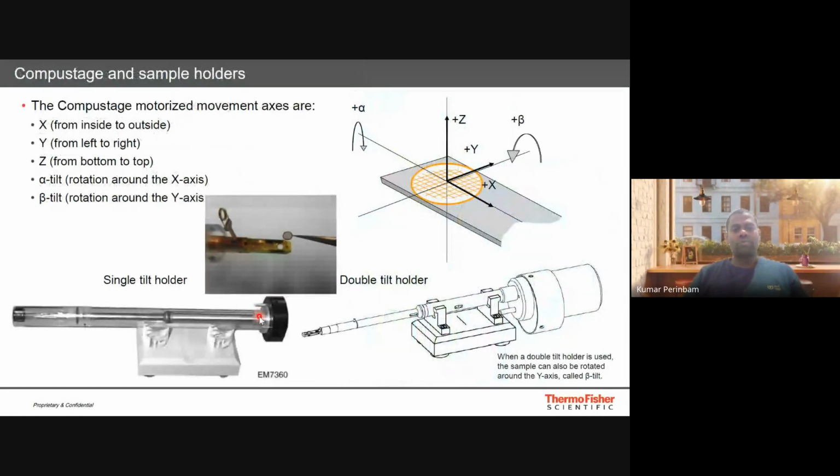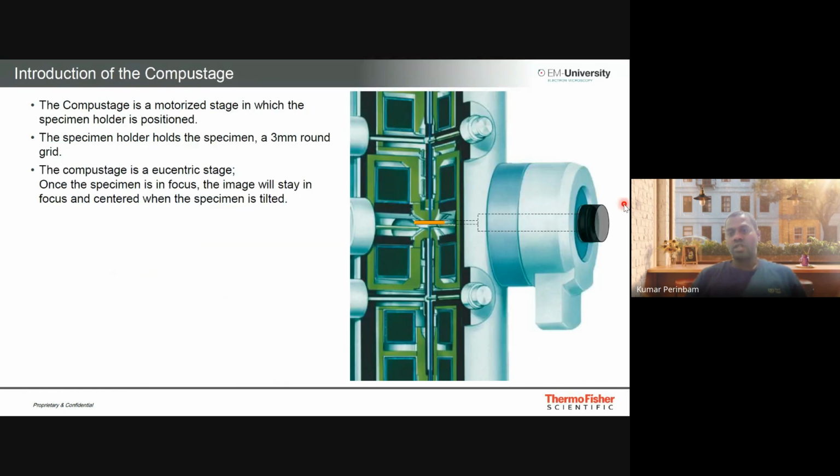So this is a very basic model of a cryo holder, where the copper grid is placed in a hole, and then you just insert it through this hole, and right in the direction of the electron beam, you place the sample.